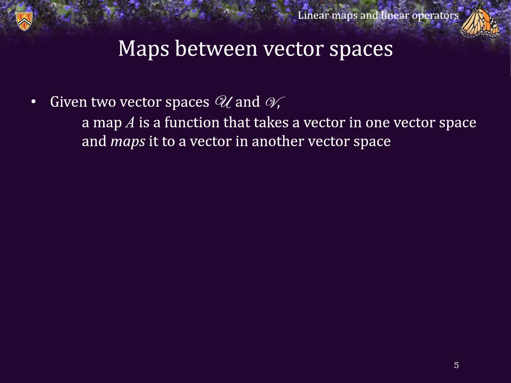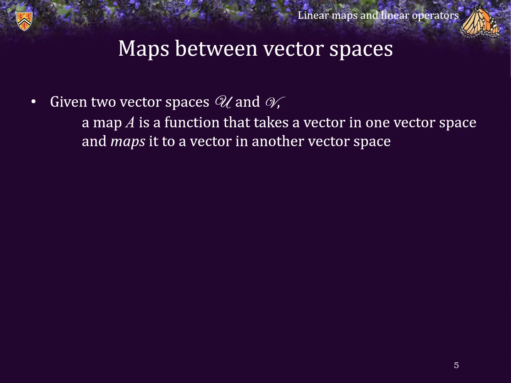Now, given two vector spaces U and V, and from here on in, we will represent vector spaces with this script U and script V. We will say a map A is a function that takes a vector in one vector space and maps it to a vector in another vector space.